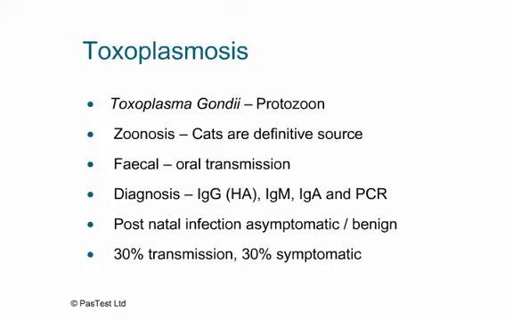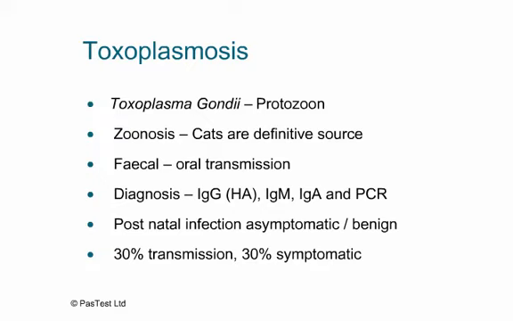However, this organism also has a range of intermediate hosts, which include cattle, pigs, and sheep, and the cysts exist and survive in the meat of these animals, and therefore certain poorly cooked meats can also lead to transmission. So both are via the oral route. One is via the fecal oral route, the oocysts, but the other is through food.